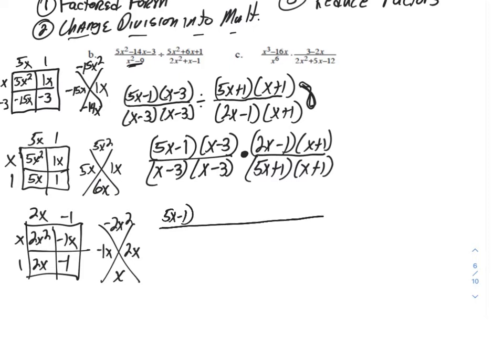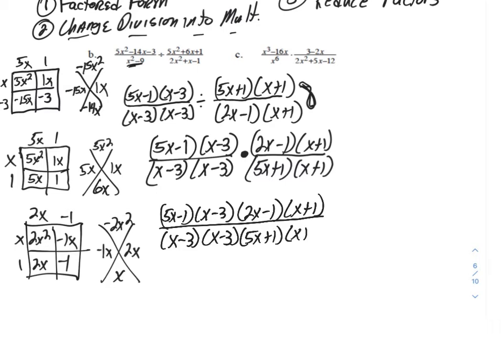So 5x minus 1 times x minus 3 times 2x minus 1 times x plus 1 all over x minus 3 times x minus 3 times 5x plus 1 times x plus 1. That helps see what we can reduce.